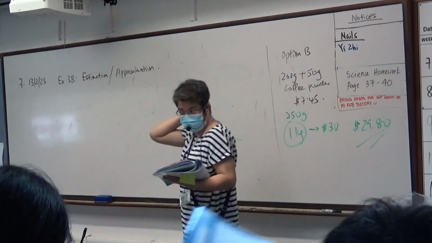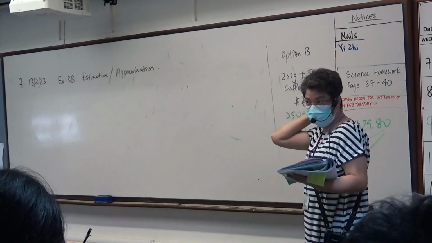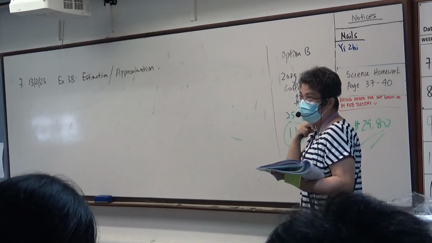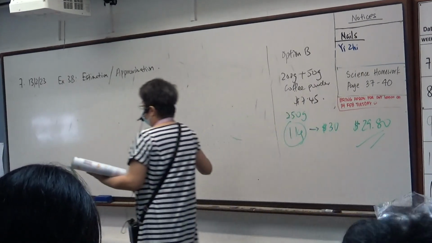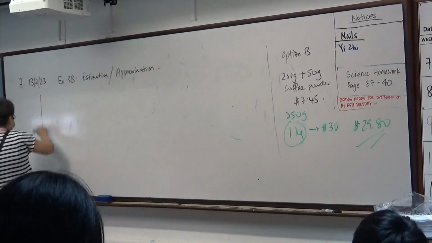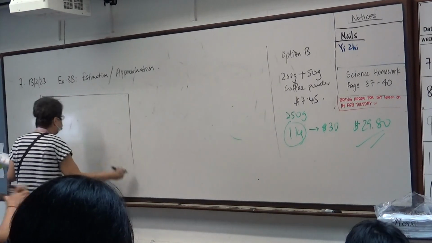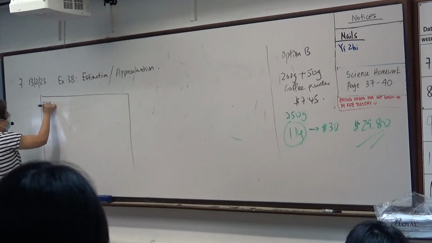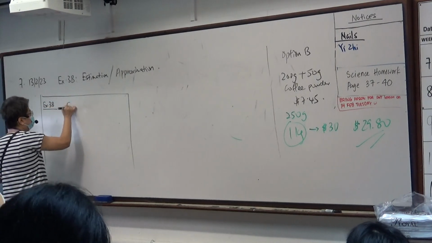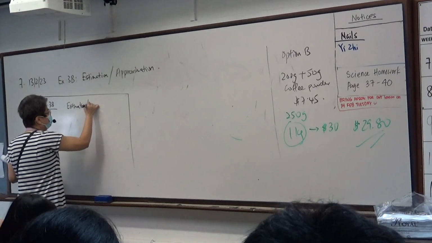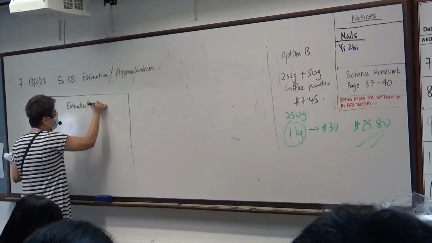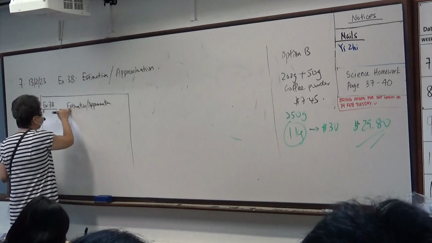As I said, I will complete this whole thing by Friday. Understand? Then you'll continue with chapter 4. Clear? Okay. Now, on the foolscap, a lot of you are still not following my instructions. Write exercise 3B, Estimation, Approximation.